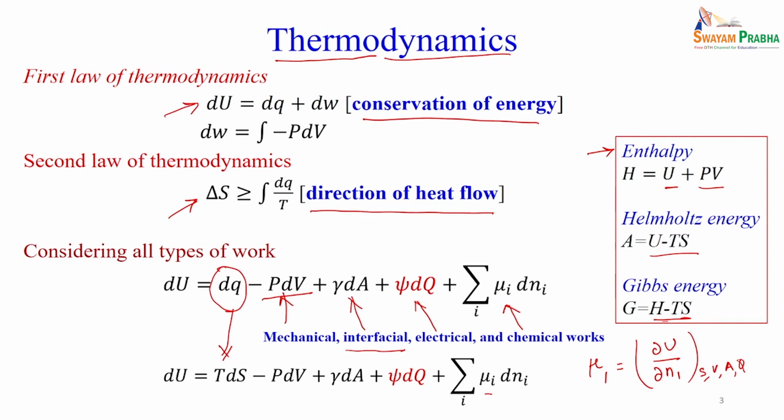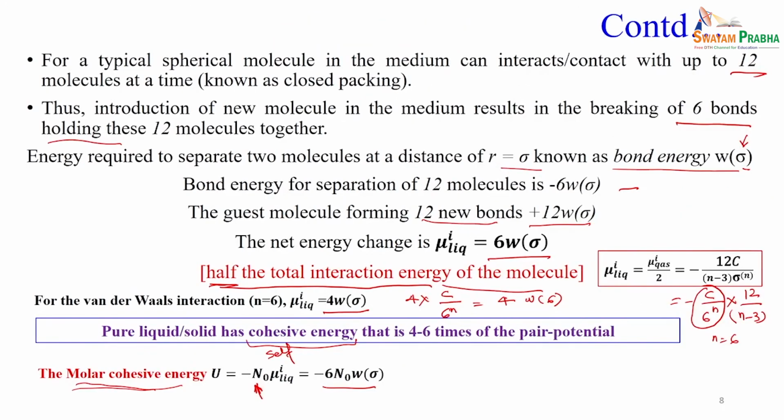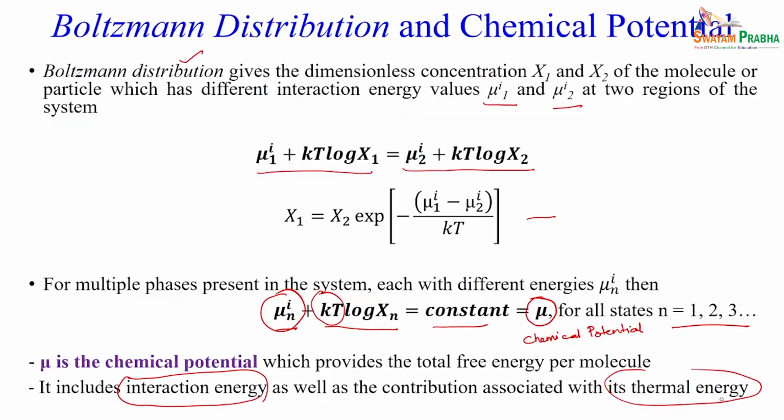So chemical potential is a partial molar function which is the sum of interaction energy as well as the thermal energy. From the Boltzmann distribution, we are able to relate the interaction energy with the concentration in different phases, and this can be helpful to predict the physical and chemical properties.